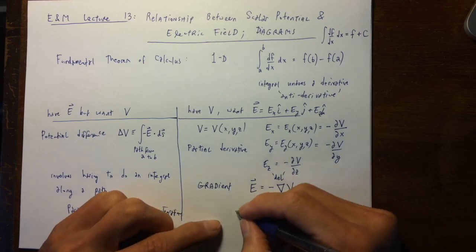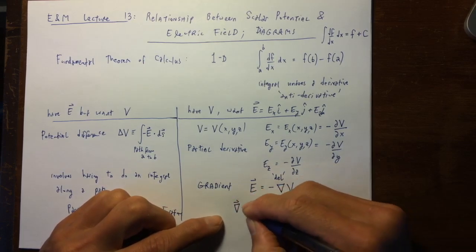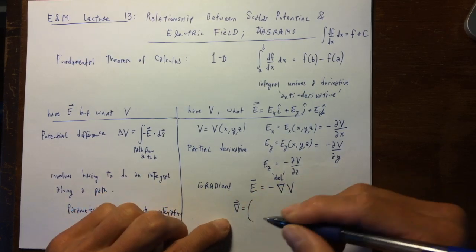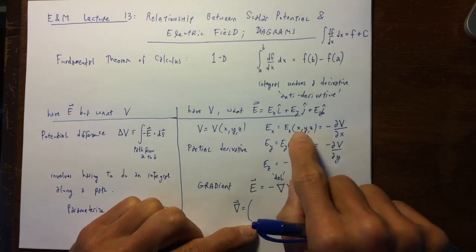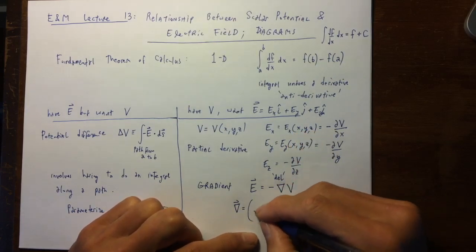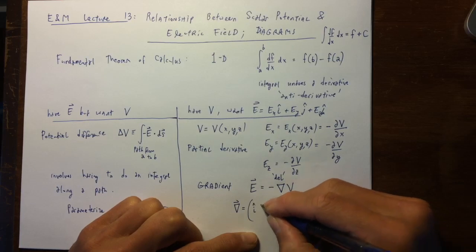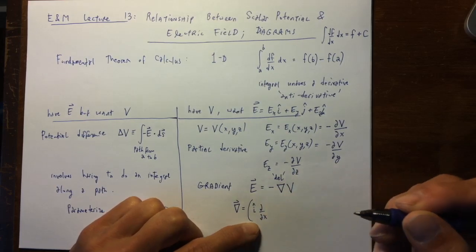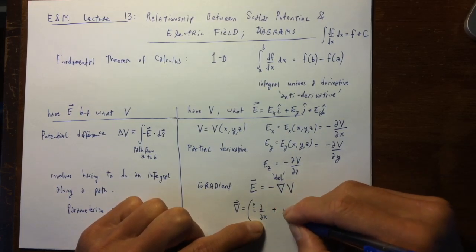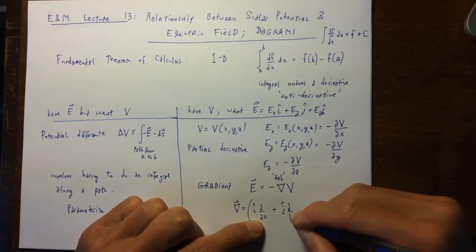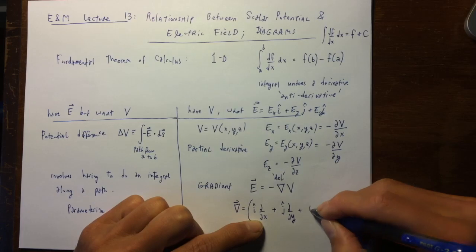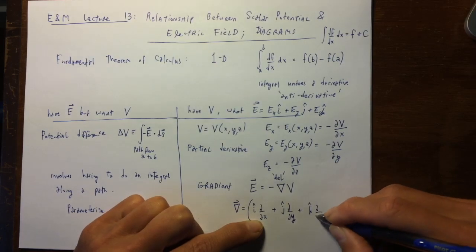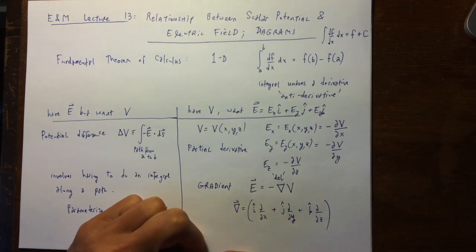The gradient is an operation, and in Cartesian coordinates x, y, z, it just looks like i hat, partial derivative with respect to x, plus j hat, partial derivative with respect to y, plus k hat, partial with respect to z, like this.